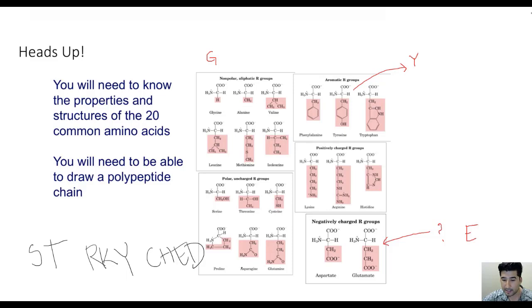And letter D is the one-letter abbreviation for the amino acid known as aspartate. And they both have pKa values of 4. So what this means is that their side chain, this carboxyl group right here and this carboxyl group right here, their pKa is 4.